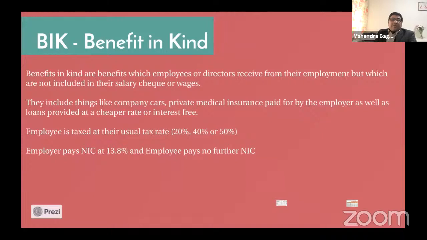Right. As I mentioned about the benefit in kind earlier, it could be used for some sort of tax saving if planned properly. These are normally any perks or other benefits received outside your normal payslip. Things like a company car or private medical insurance, because the company is buying it for all the employees, so it could be a lot cheaper, or companies providing cheaper rates or interest-free loans to their employees.